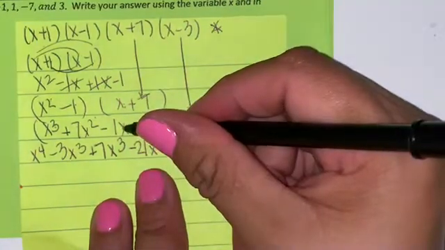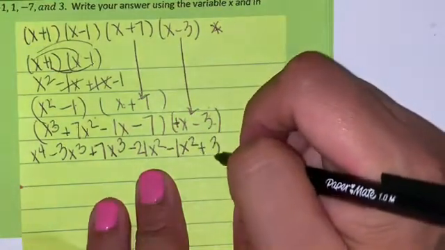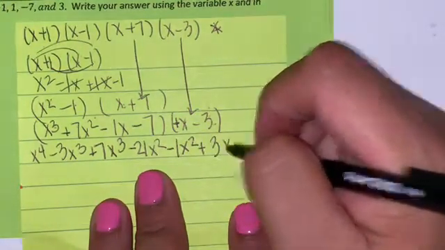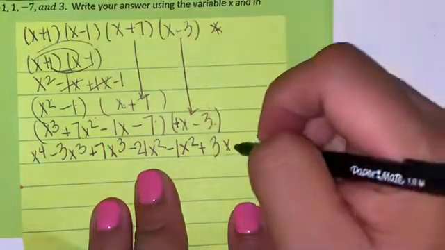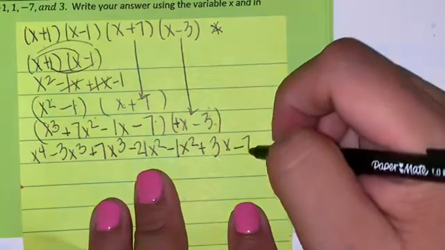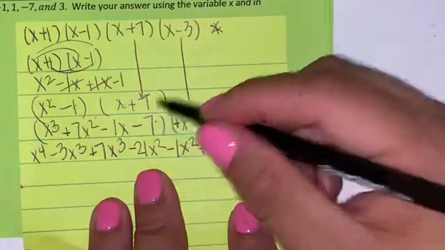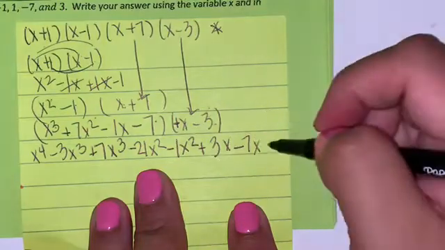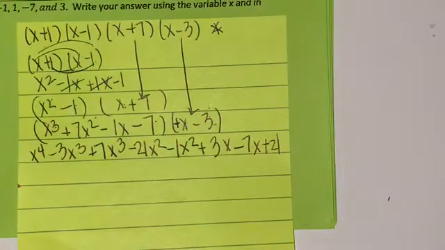Negative 1x times negative 3 is positive 3x. Negative 7 times x is negative 7x. Negative 3 times negative 7, positive 21. So let's go ahead and group them.